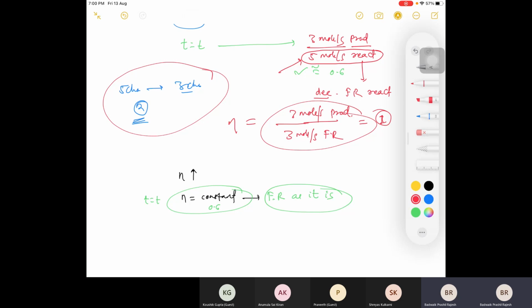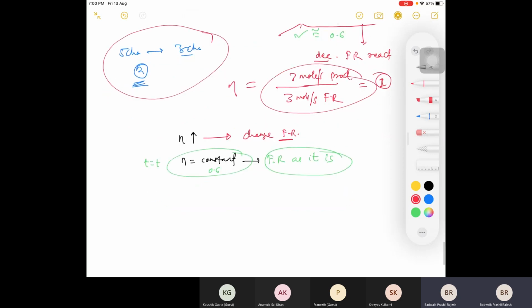And if I want my efficiency to increase, I'll change the flow rate. So just keep in mind, there are 2 phenomena: in one case I'm changing the flow rate, and in the other I'm keeping the flow rate as it is.